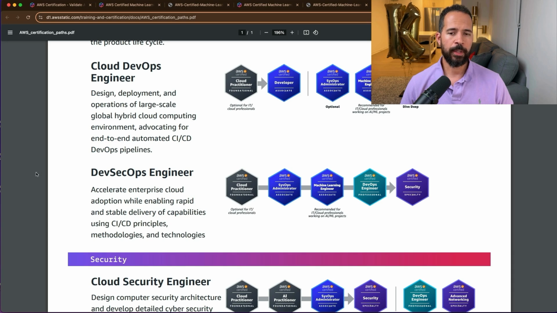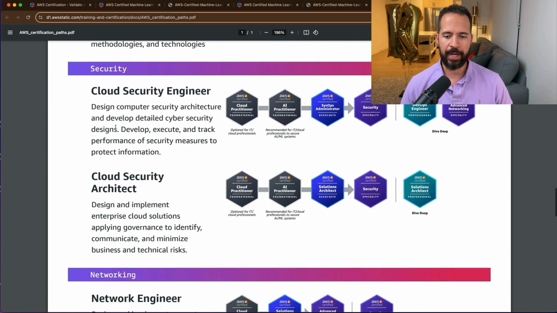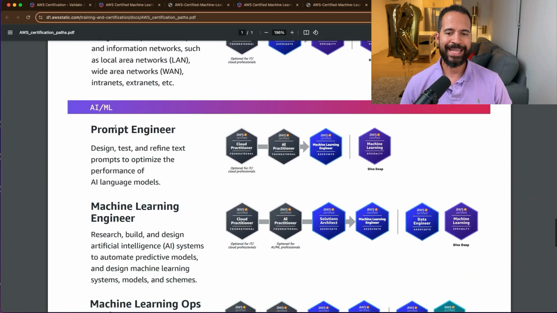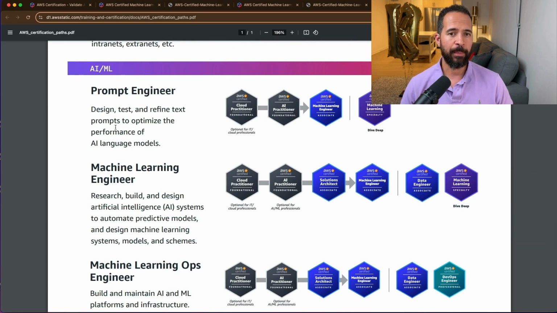Now let's look at a couple of other different roles. Cloud DevOps Engineer. It recommends for IT and cloud professionals who are working on AI and ML projects to go after the Machine Learning Engineer Associate certification. But I want you to notice something very interesting as I scroll down here and we get into the AI ML roles.